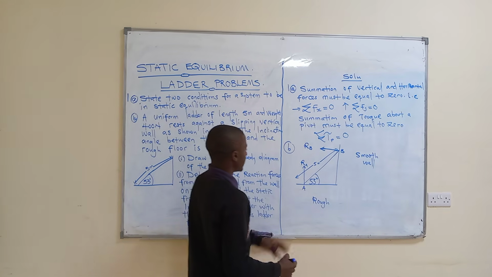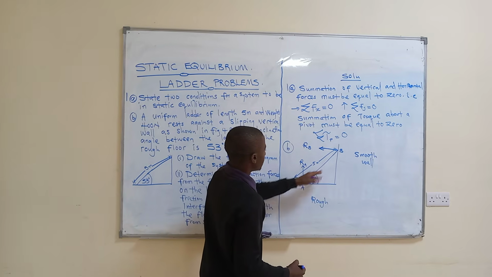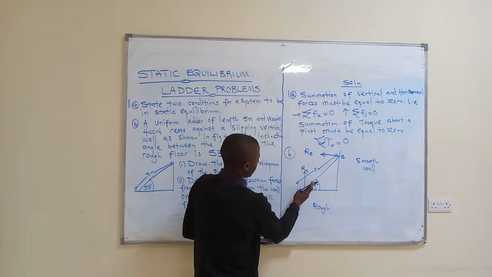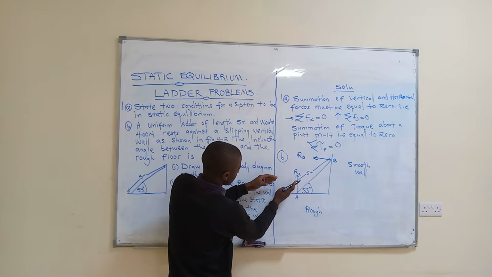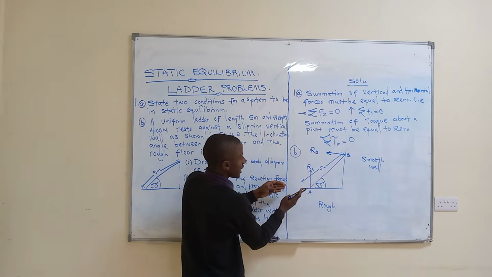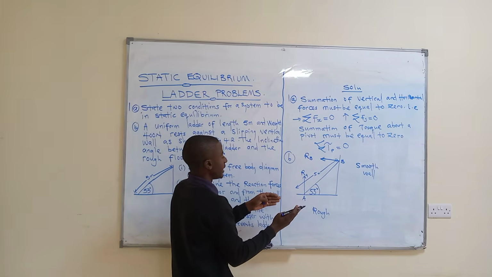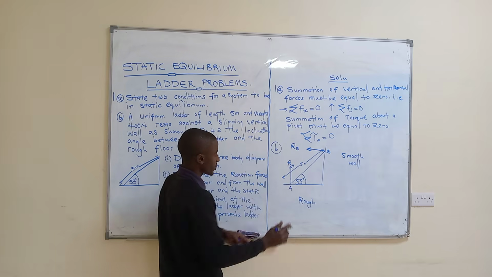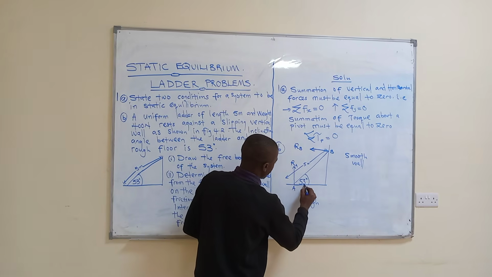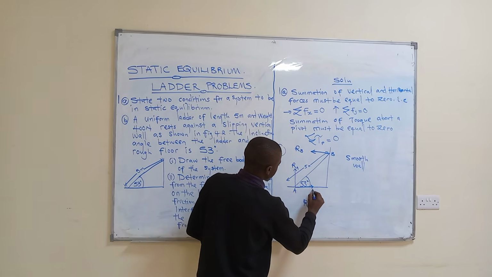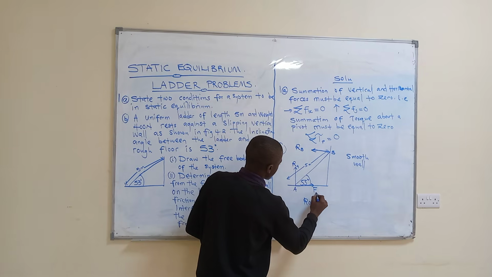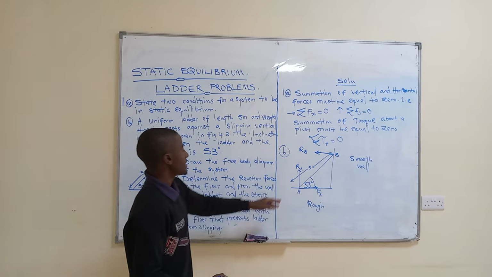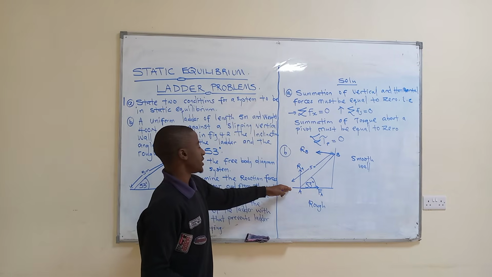Apart from that, as this ladder is slipping or sliding this way, friction acts in such a way that it always opposes the motion of any object. So it is going to point toward the positive x-axis, which is friction at point A. Apart from that, this same ladder has weight.